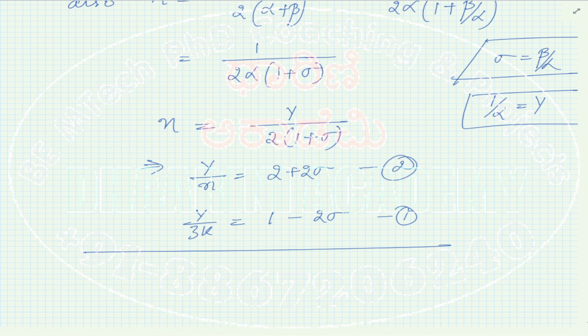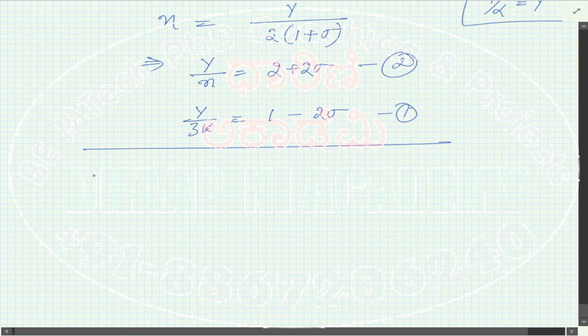So add them together. Equation 1 plus equation 2 is going to give me y by n plus y by 3k is equal to, so you have 2 plus 1, correct? 2 plus 1 is 3 and 2 sigma minus 2 sigma will cancel.